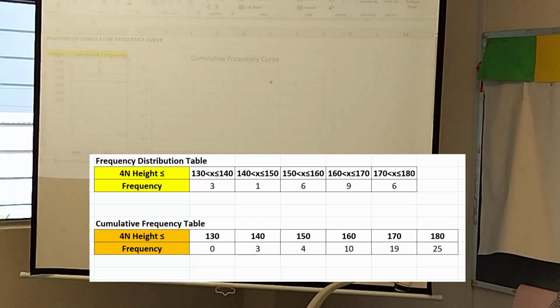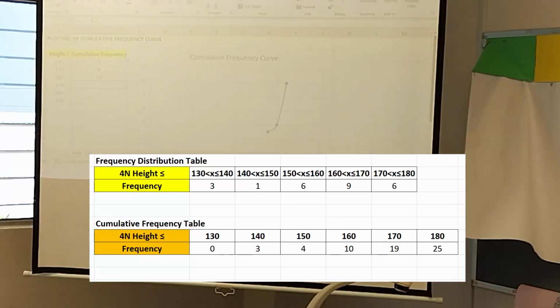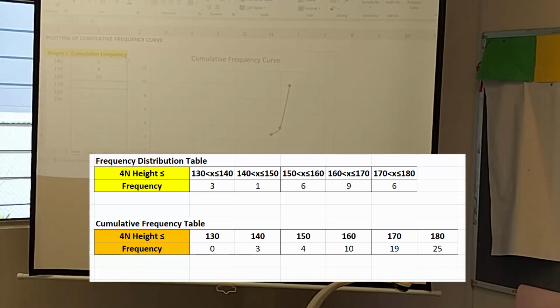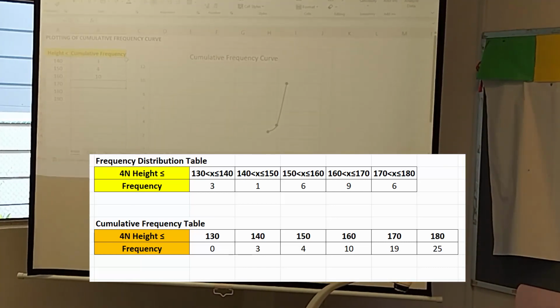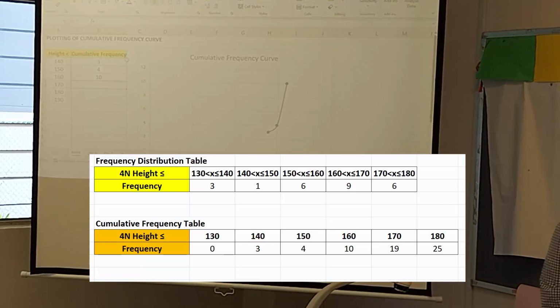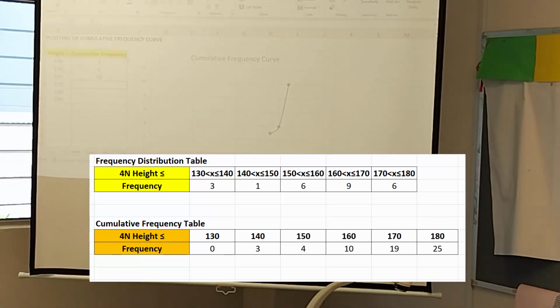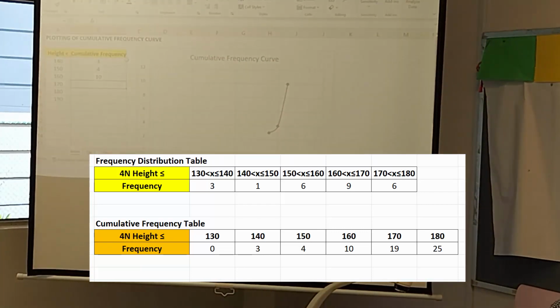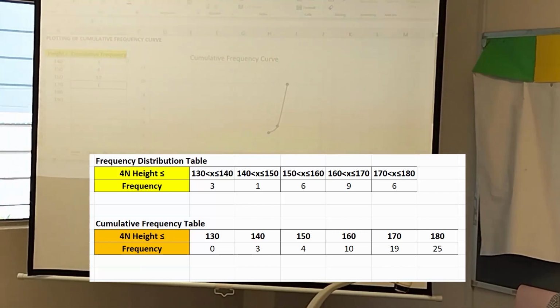10. 6 plus 4 is 10. How many of them less than 170? Never mind. Okay, 9 here, 9 here. Then later we know who never did this. Okay, how many less than 170? 19.